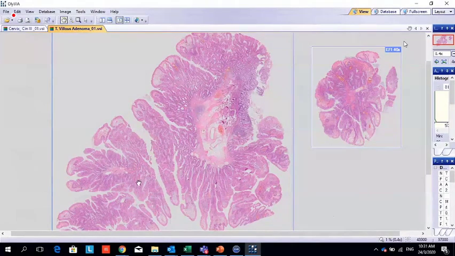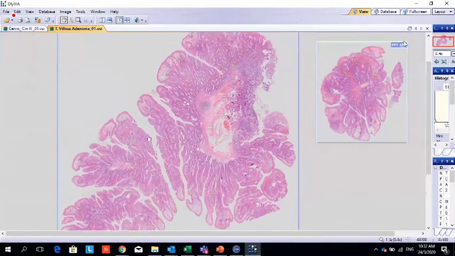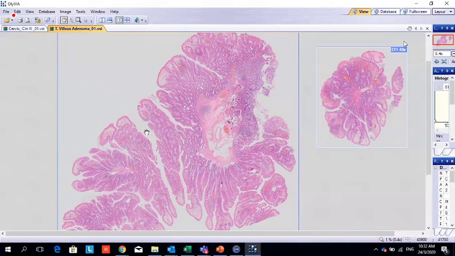But if you look at this tapering end, and also this one, this we call villus. Usually villus has a very sharp end. But this one has a broad, wide tapering end, so we call this tubular adenoma.